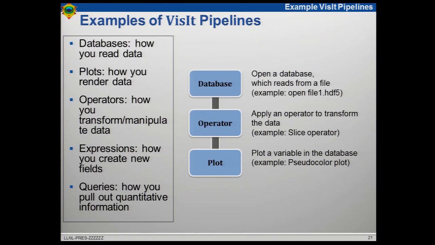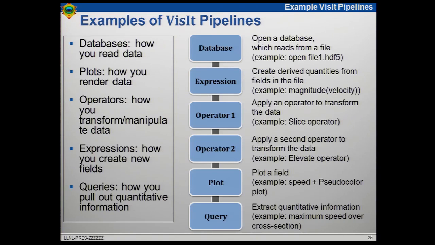You can insert multiple operators, but the plot is always at the bottom of the pipeline. Of course, you can put your expression before the plot, etc. Here's an example: calculate the magnitude of the velocity. This would be typed exactly like this, so it's very close to your standard mathematical notation.